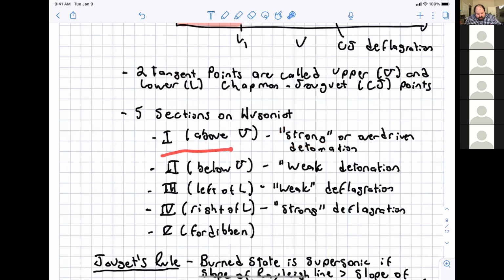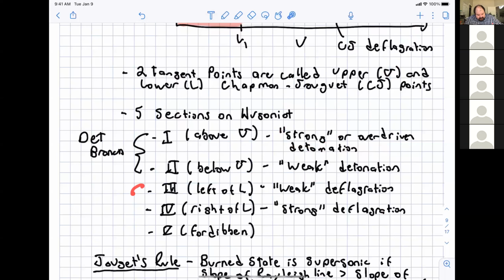Region 2, which was below the upper CJ point on the upper Hugoniot, or the detonation branch, is called a weak detonation, or sometimes an underdriven detonation.